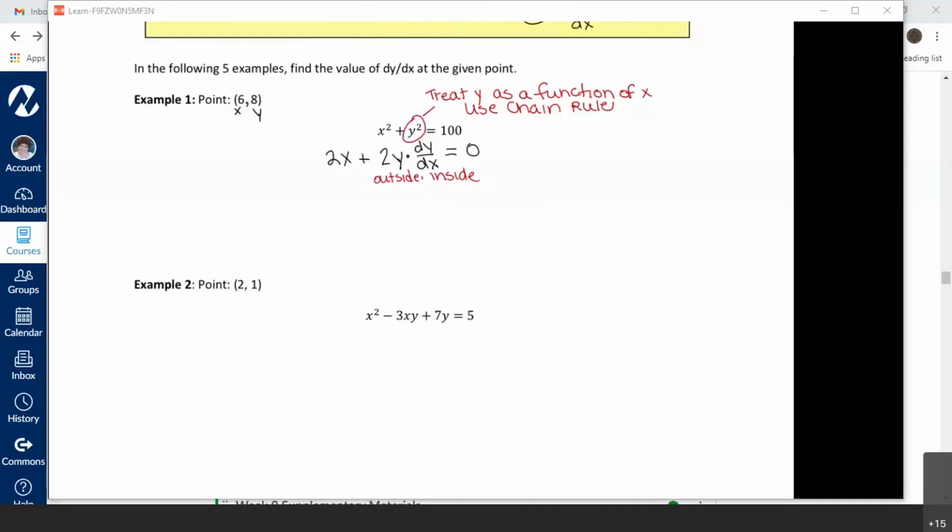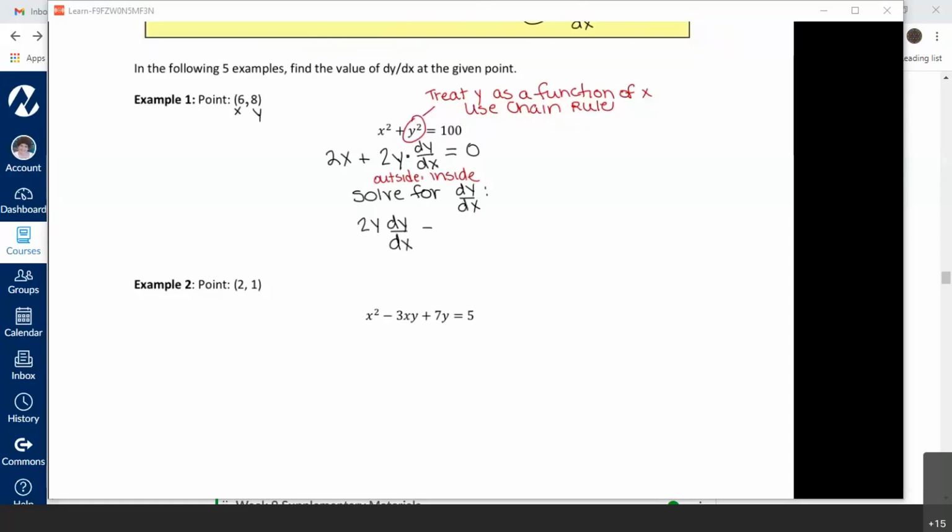You just differentiate all the terms where they stand. So rather than doing algebra at the beginning, you're going to do algebra after. So now we have to solve for dy dx, because that's what we needed to find. All I'm going to do is subtract 2x from both sides.